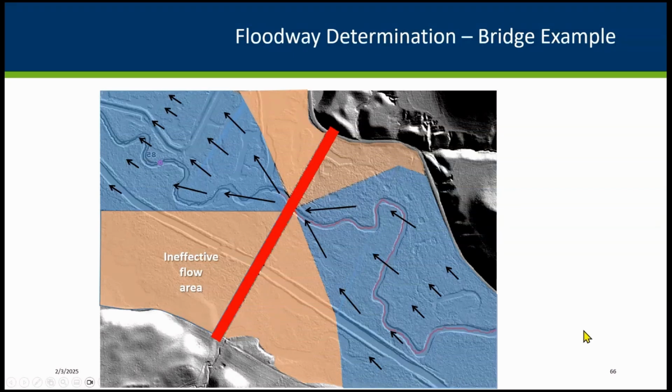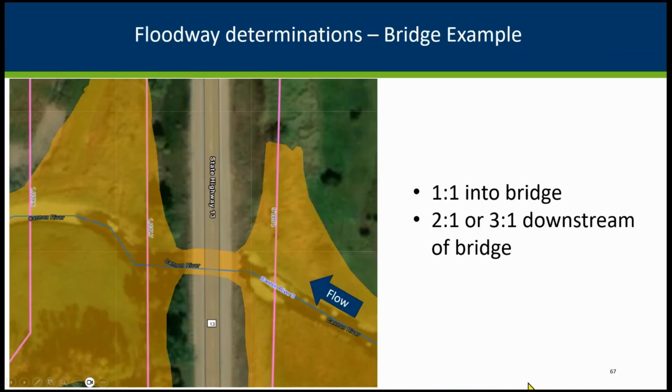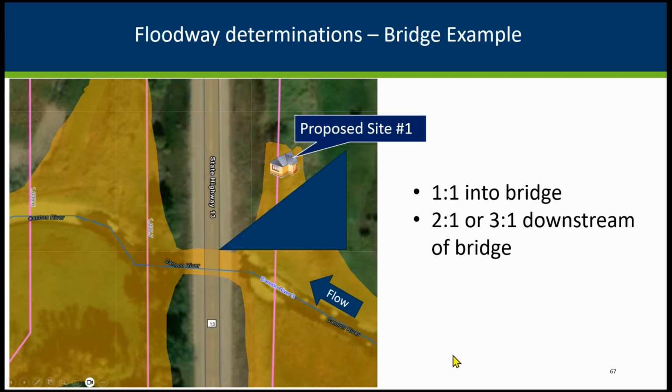Those are typically not part of the floodway because there's no velocity going through there. But these areas do get a little more tricky, so a couple more examples here. We can see this proposed site up in the top part of this lobe. Looking at those triangles, that area is still going to be outside the effective flow area.